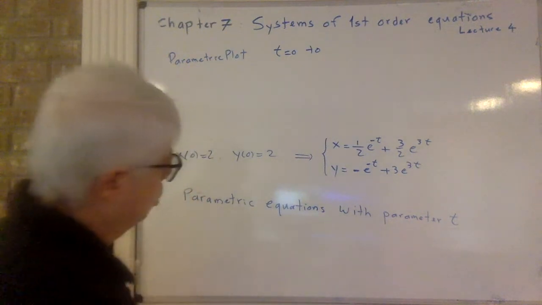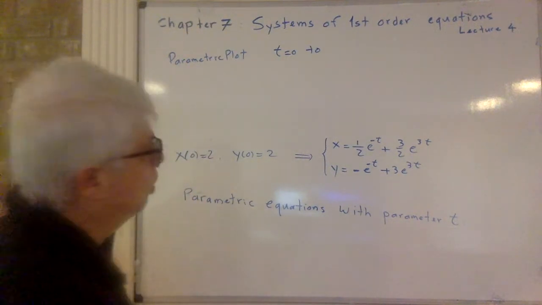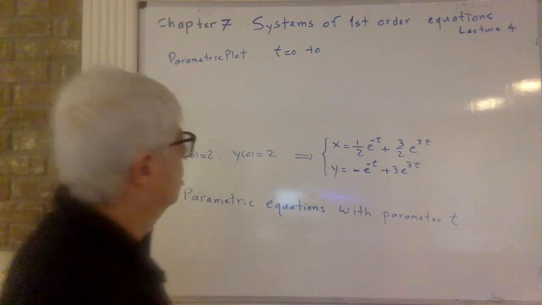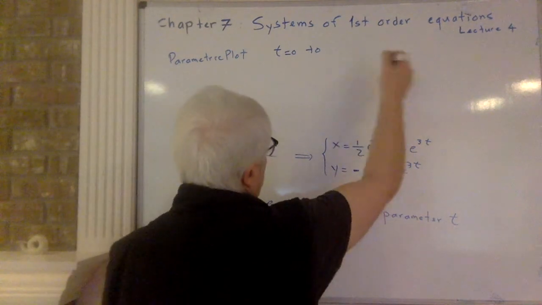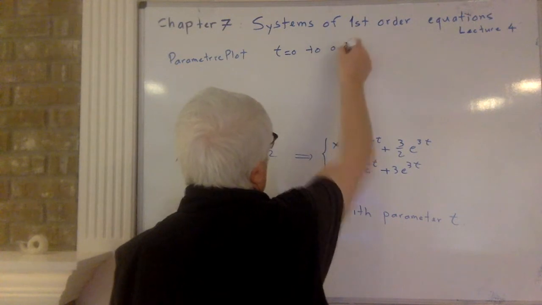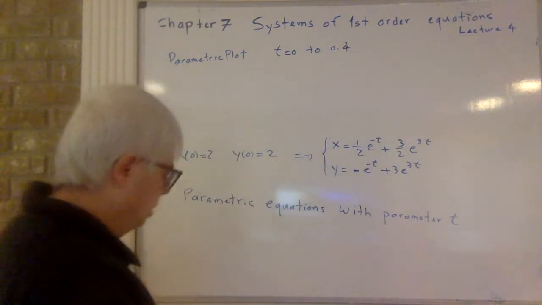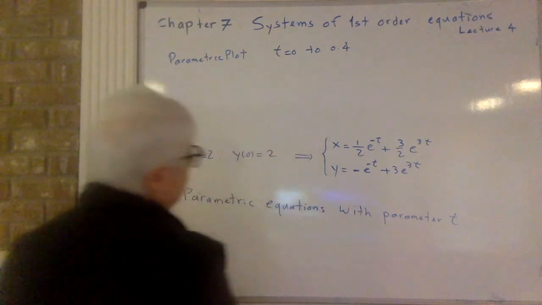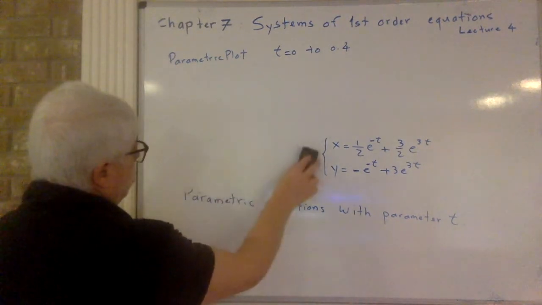So if I parametrically plot this thing, starting at t0 to something. First of all, let me look at this. If I go too far, if t is too large, what happens? In fact, I had to go up to 0.4, from 0 to 0.4. Yeah, I can just continue, but let's look at this and see what this looks like.